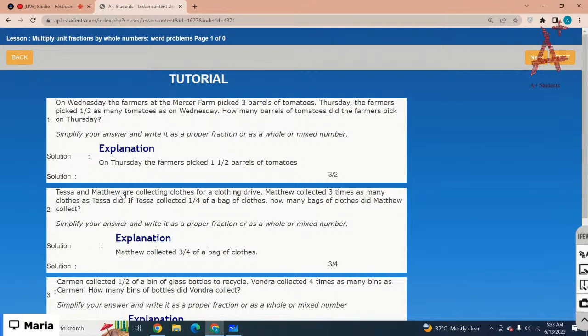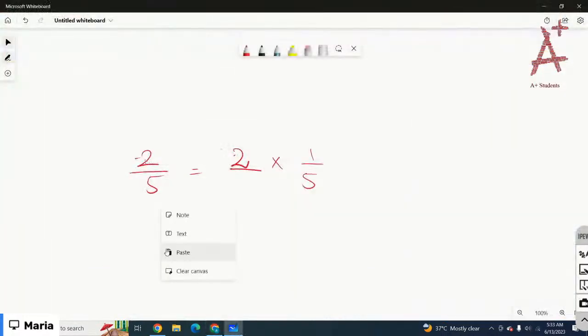So they did 3 barrels on Wednesday, and then 1 over 2 as many tomatoes on Thursday. You have to calculate the total tomatoes, so you can do 3 times 1 over 2. Got it?